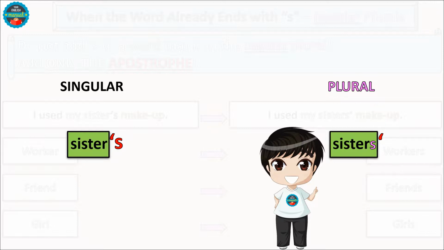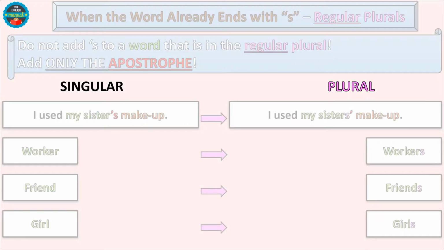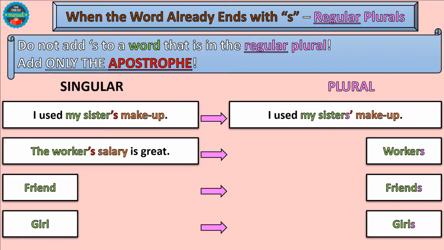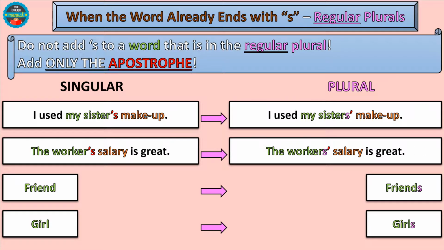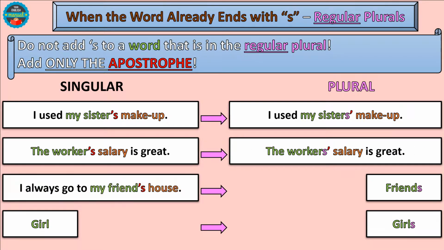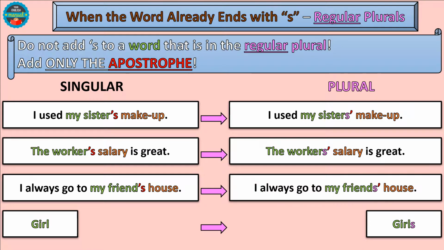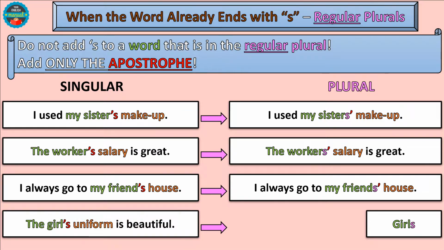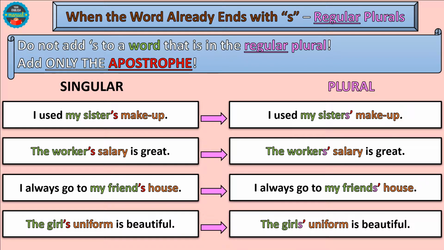Alright? Other examples. The worker's salary is great, and the workers' salary is great. I always go to my friend's house. I always go to my friends' house. The girl's uniform is beautiful. The girls' uniform is beautiful.